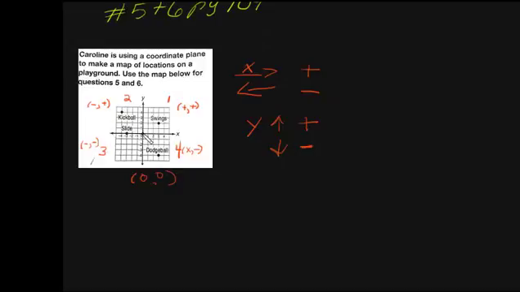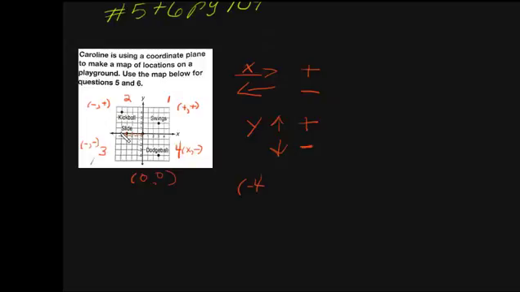So we're going to go 1, 2, 3, 4. We know our x coordinate is going to be -4 because we moved to the left, so it's negative.